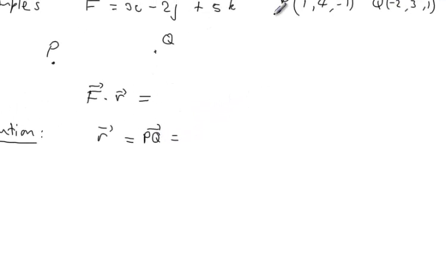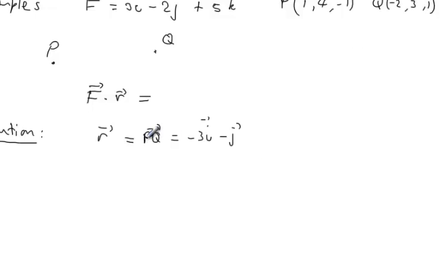So I'll say here, minus 2 minus 1, I get minus 3i. Then minus 3 minus 4, I get minus 1j. Do you get what I'm saying? I'm giving you a hint for getting that vector quickly.